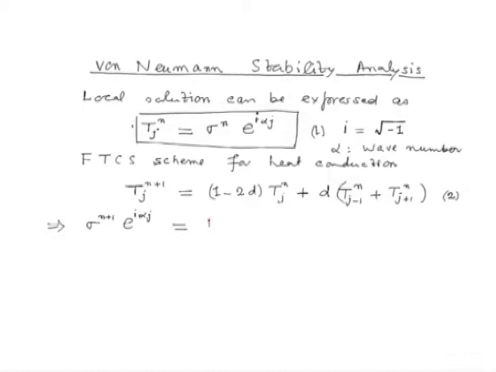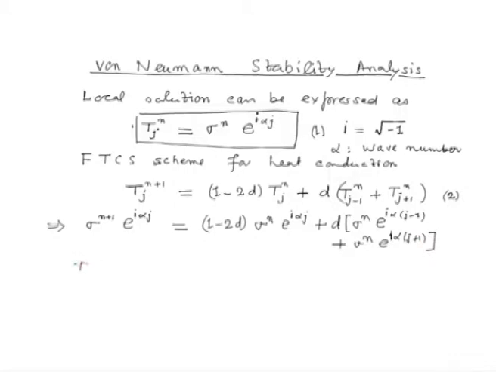On the right hand side we will get 1 minus 2d times sigma to the power n e to the power i alpha j, plus d times sigma to the power n e to the power i alpha times j minus 1, plus sigma to the power n e to the power i alpha times j plus 1.